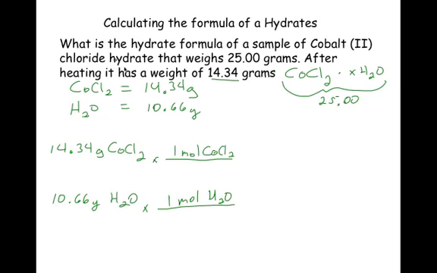And so if we add up the 1 cobalt and 2 chlorines, then we end up with a molar mass of 96.989 grams. If we add up the 2 hydrogens and the 1 oxygen, we get a molar mass of 18.0148.